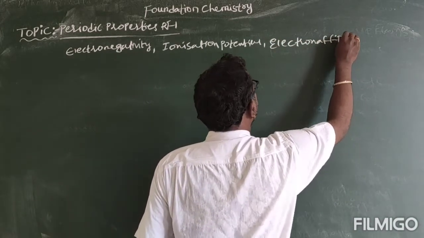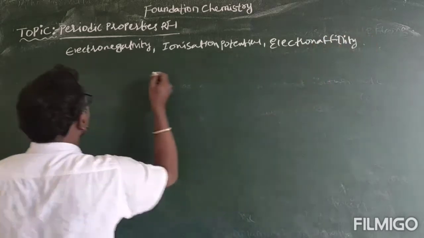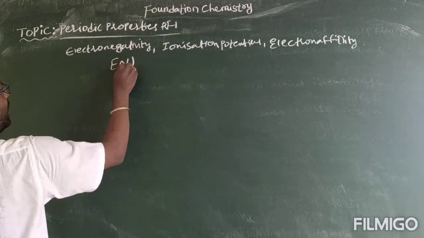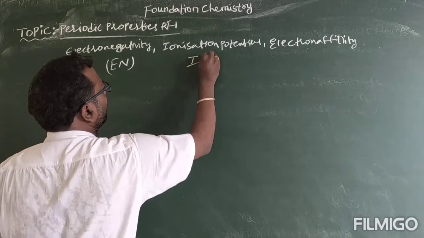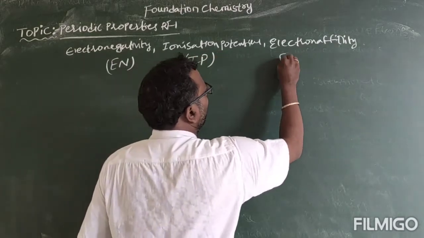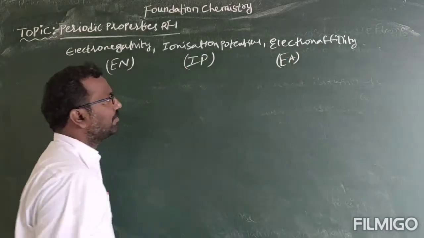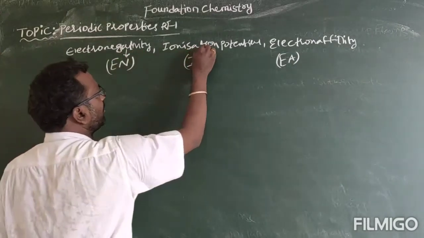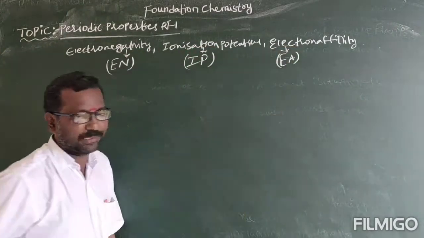Let us consider the symbols: En for electronegativity, Ip for ionization potential and Ea for electron affinity. These are the symbolic representations for our class.